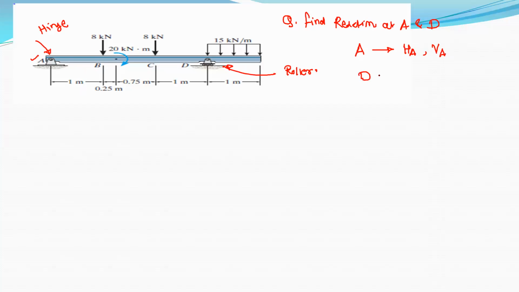Point D is the roller support, so it will have only one reaction, RD. By using the conditions of equilibrium, that is summation Fx equals 0, summation Fy equals 0, and summation of moment equals 0, we can find HA, VA, and the reaction RD.